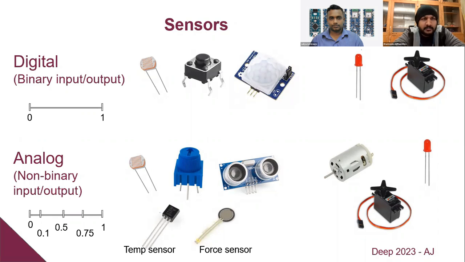As mentioned beforehand, we have two kinds of signals called digital and analog. For digital, you can have a binary output, either on or off, and the same with sensors and actuators. In the first row, in sensors we can see a button in the middle, and on the left an LDR, which detects luminosity. The third one is a motion sensor.